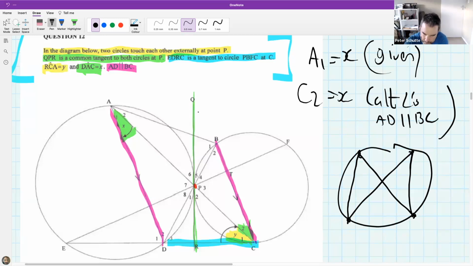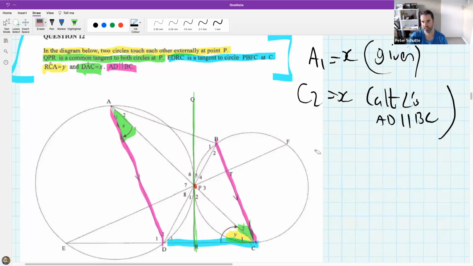Now, some people are starting to talk about tan chord. Yes, tan chord. And some people are starting to talk about E. I think I agree with you because this butterfly is inside the big circle up here.